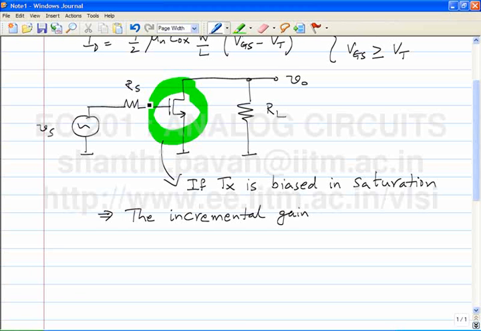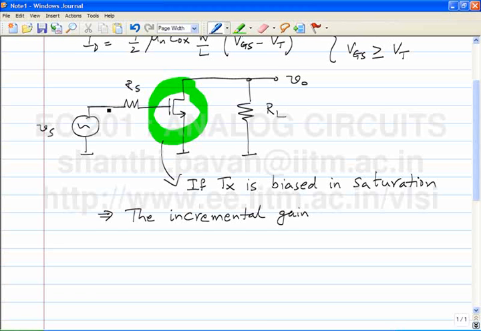VS will become a short circuit, which means that the left end of RS is connected to ground. So what is the gate source voltage? Why is it 0 now? The gate current is 0, so the drop across RS is 0, so the VGS is 0.